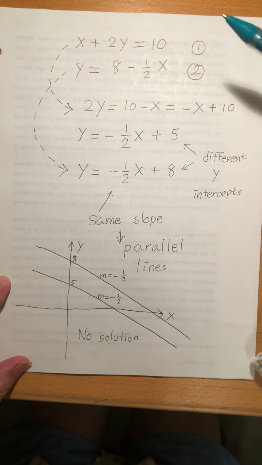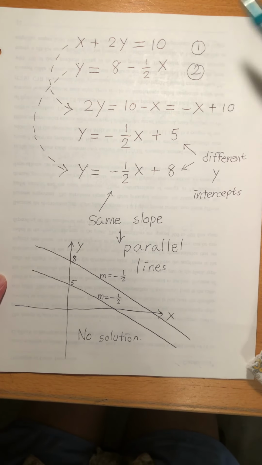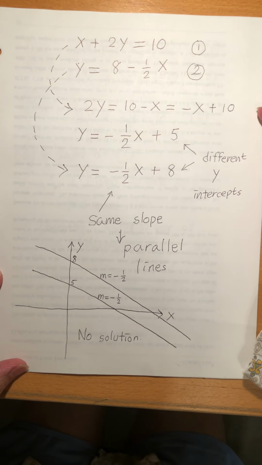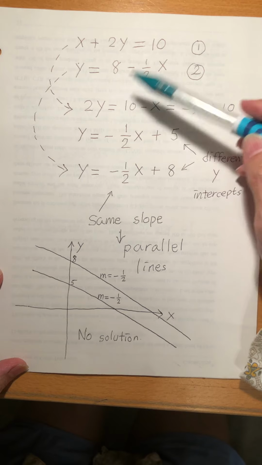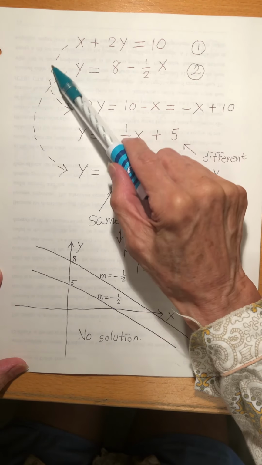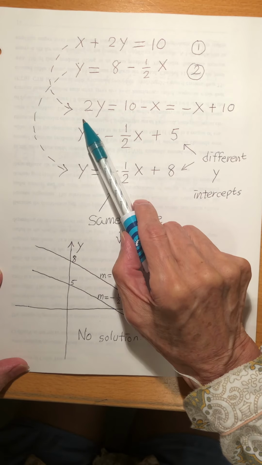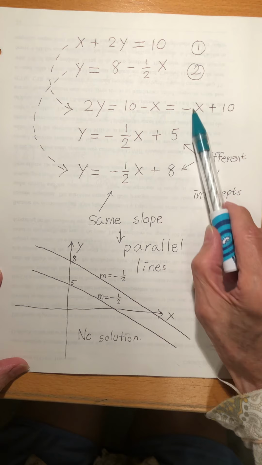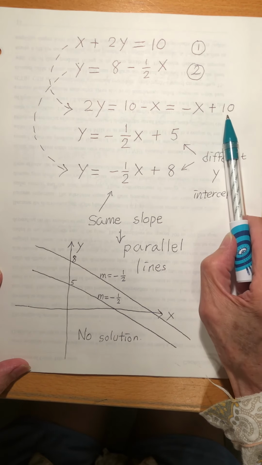Let's have an example here. I have equation 1, equation 2. The first equation can be rewritten like this: 2y is equal to 10 minus x, or you can write minus x plus 10.